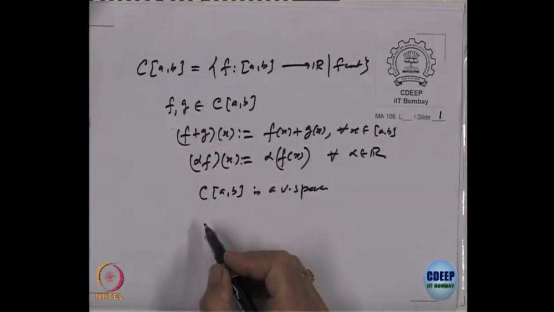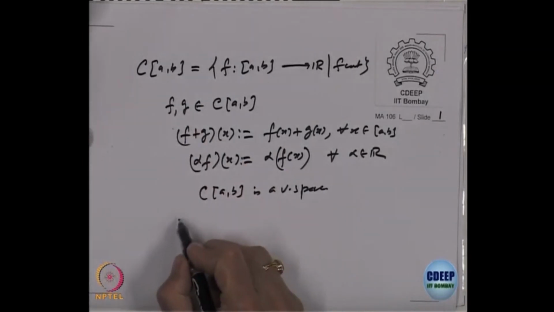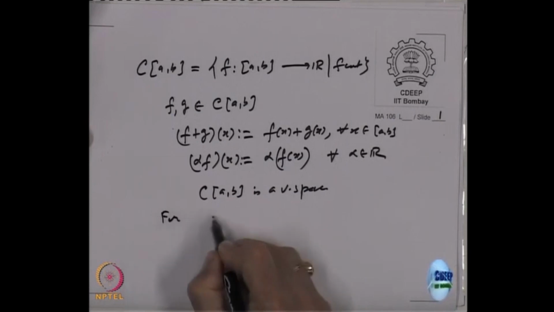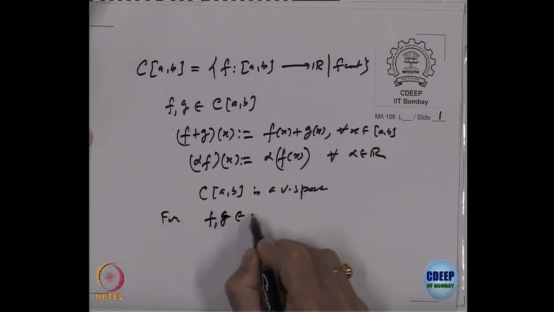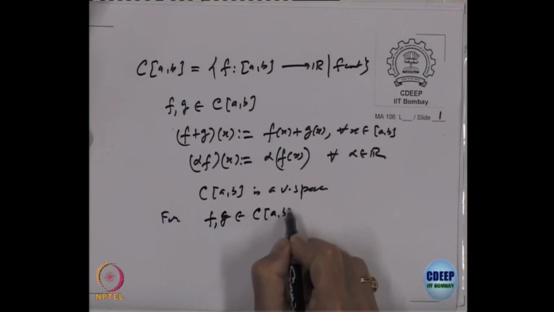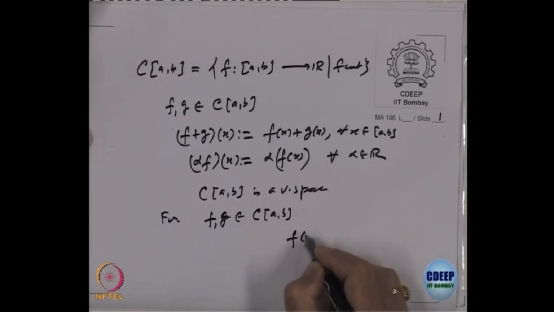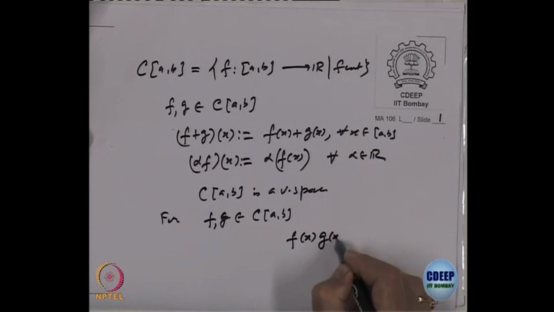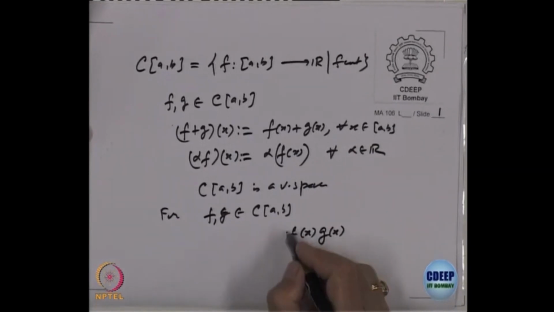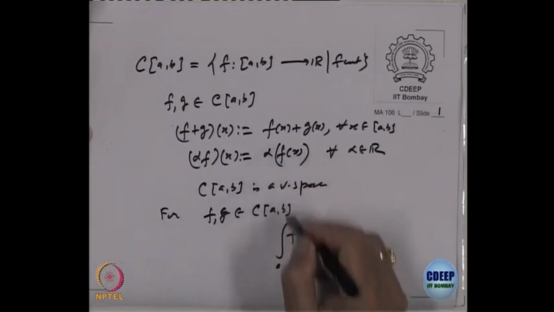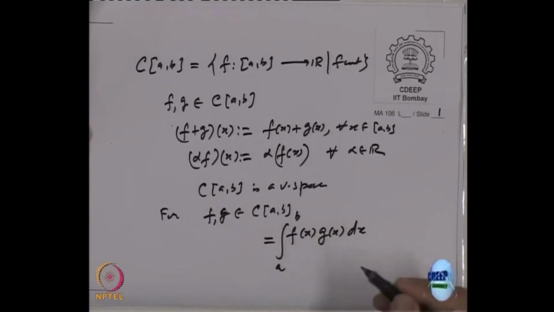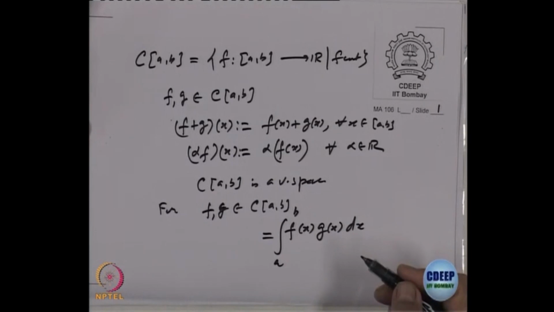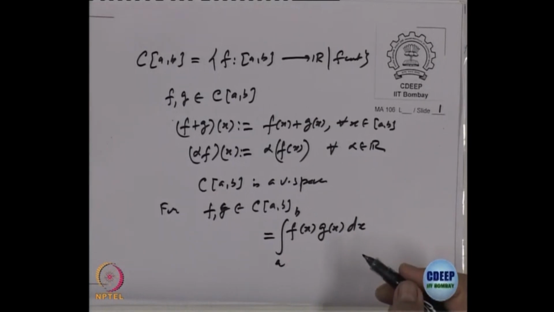Now on this vector space we are defining an inner product. For two continuous functions f and g belonging to C[a,b], look at the product f of x times g of x, and its integral over a to b dx. This integral is defined: if f is integrable and g is integrable, then calculus tells us that f plus g also is integrable.